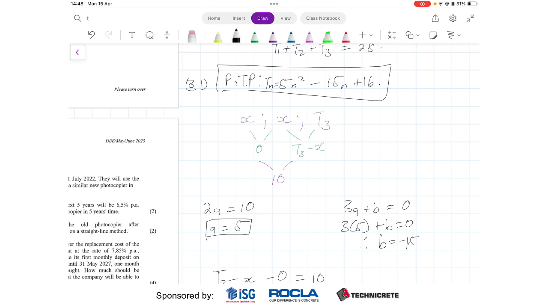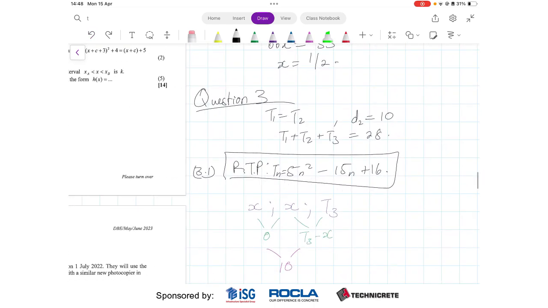So now, the value of our x will be this term plus this term plus this term, which is essentially the first three terms equated to 28, because that is what we are given in our problem statement. We are told that t1 plus t2 plus t3 is equal to 28.